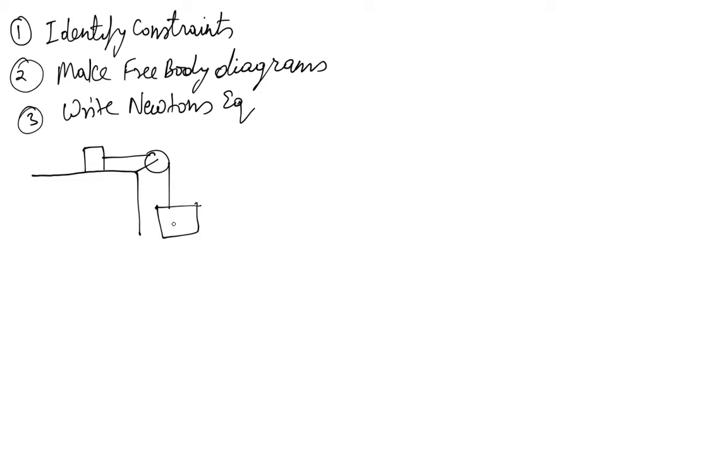We have this mass, let's say m2, and this is mass m1, and we want to write Newton's equation for both the masses. First of all, referring back to the last lecture, the free body diagram looks like this.